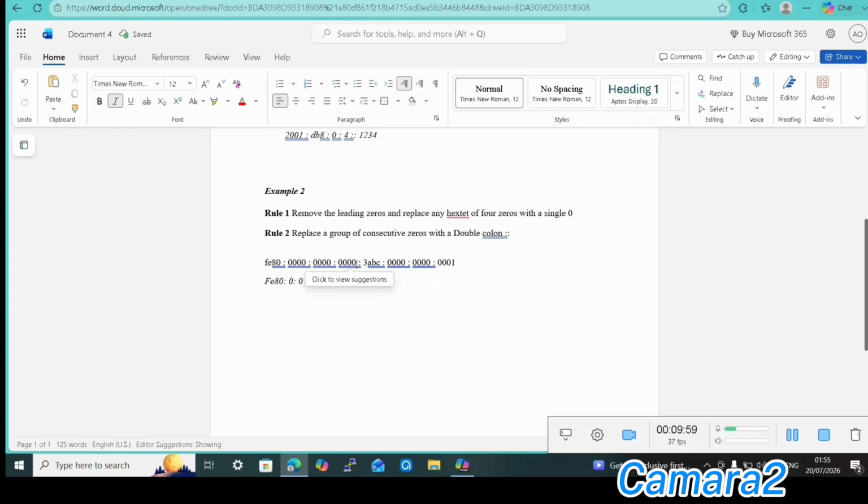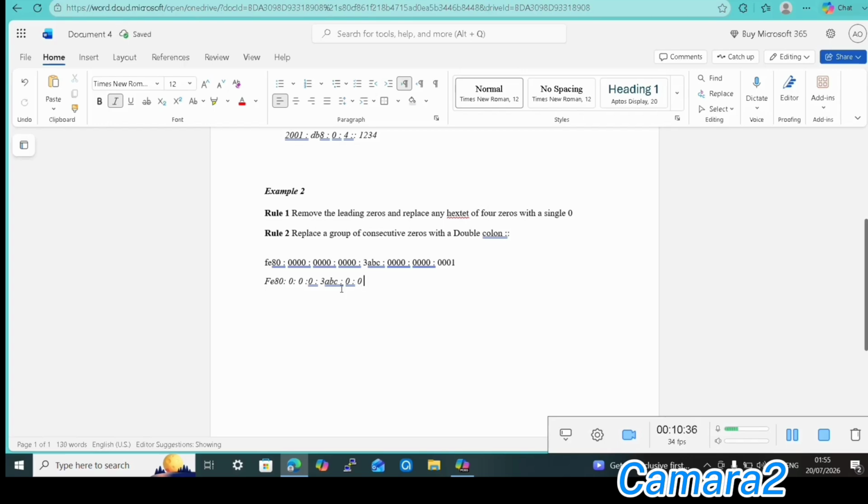Then this one here starts with a number, so we write it the way it is, which is 3ABC. Then this one also we have zeros, and here 2 zeros. So let's replace them with a single 0. You have a 0 here, colon, and you have another 0.